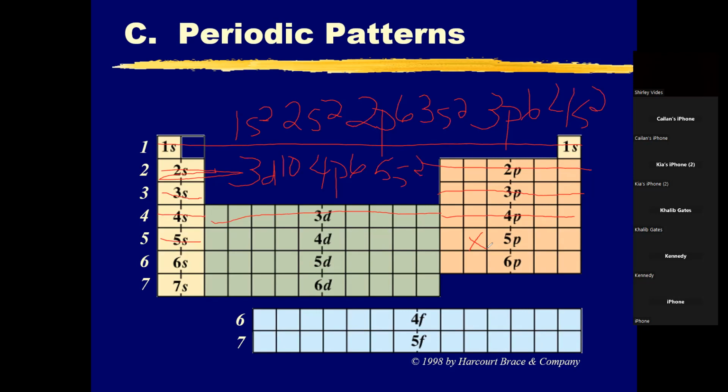See how it just follows directly? 4d10. And this last one would be 5p2 because we are on 1, 2. And this is where we want it to go. You see that? And we don't even know who that is, but I can tell you who it is. It is tin. It has 50 electrons total.